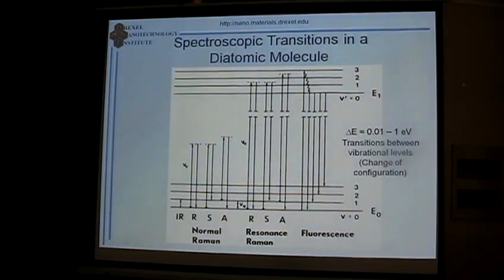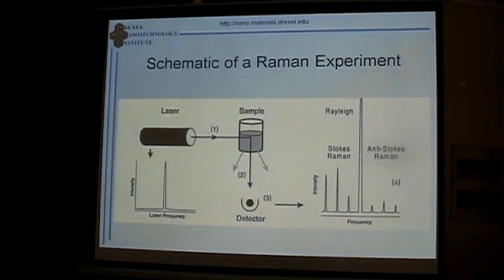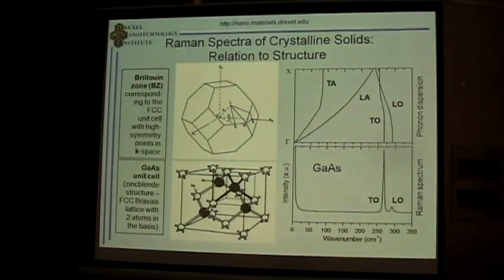In this case, some energy is released. You get a photon emitted with a somewhat higher energy. As a result, you get anti-Stokes scattering. Naturally, at least at room temperature, you usually have a smaller number of molecules in an excited state. So anti-Stokes scattering is typically lower in intensity compared to Stokes scattering, as you could see in the previous slide.